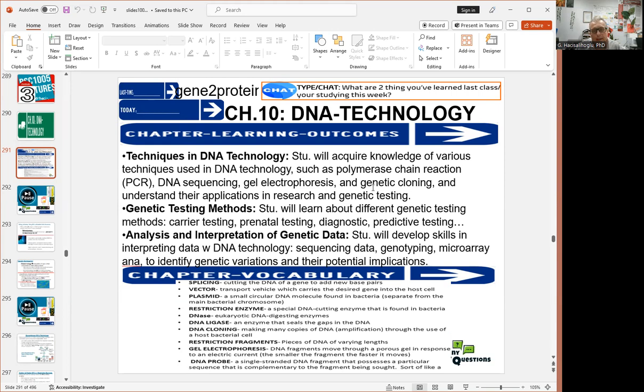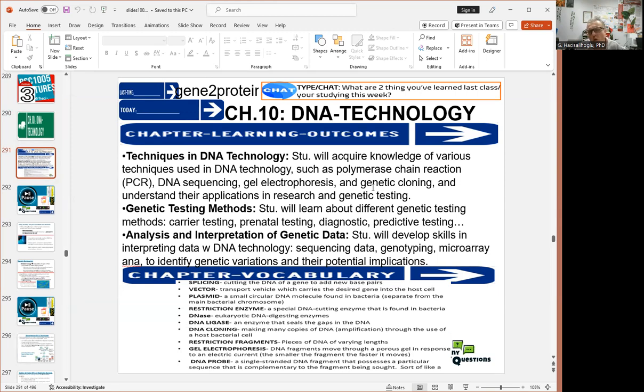Like every other chapter, this chapter also has a vocabulary glossary of words that you can study when you're doing some deep reading from our Orange Book, chapter 10, DNA technology. This is also called manipulation of DNA technology.